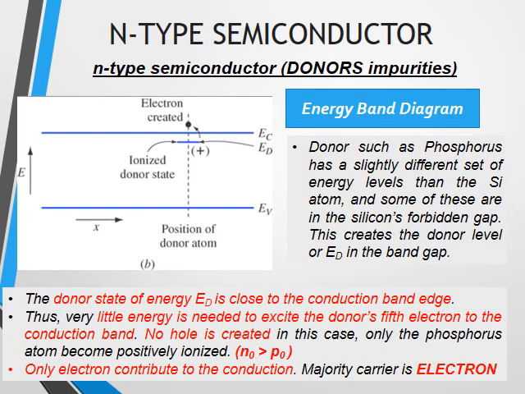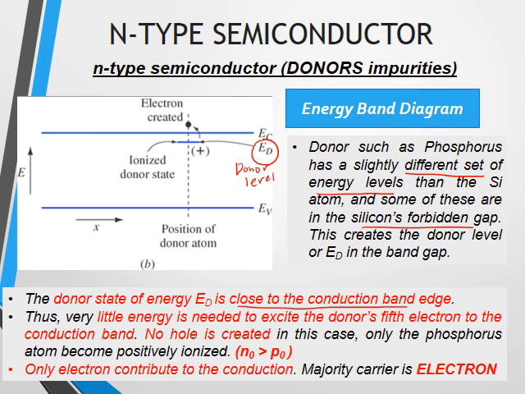Let's take a look at the band diagram of an N-type semiconductor. Donor such as phosphorus has a slightly different set of energy levels than the silicon atom, and some of these are in the silicon's forbidden gap. This creates the donor level, or ED, in the band gap. The donor state of energy, ED, is close to the conduction band edge.